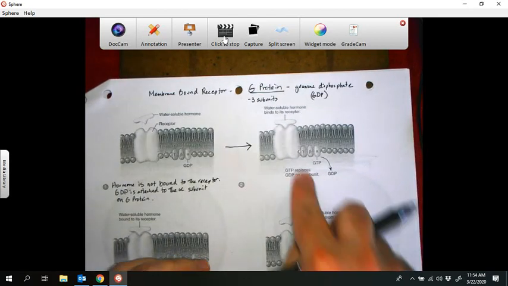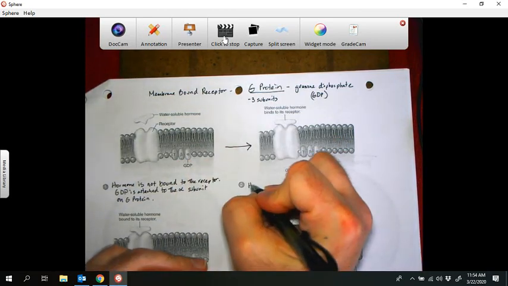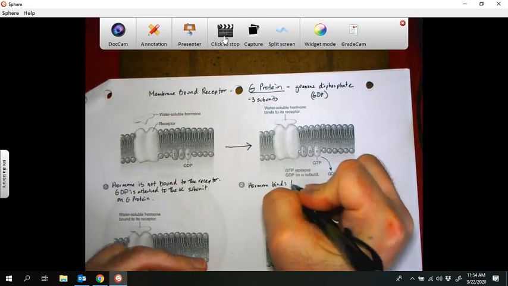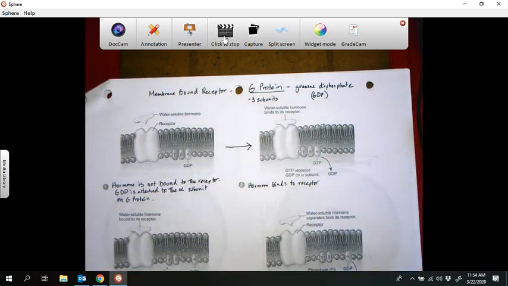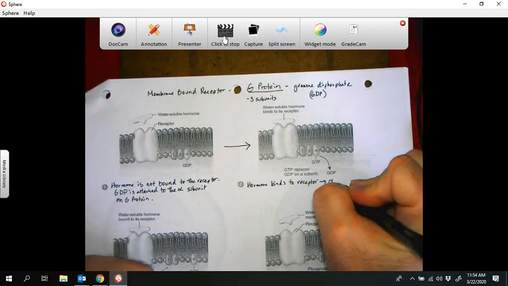And then you can see how the diagram changes. So the hormone binds to the receptor, which we know if something binds to a receptor, we get a change in shape.